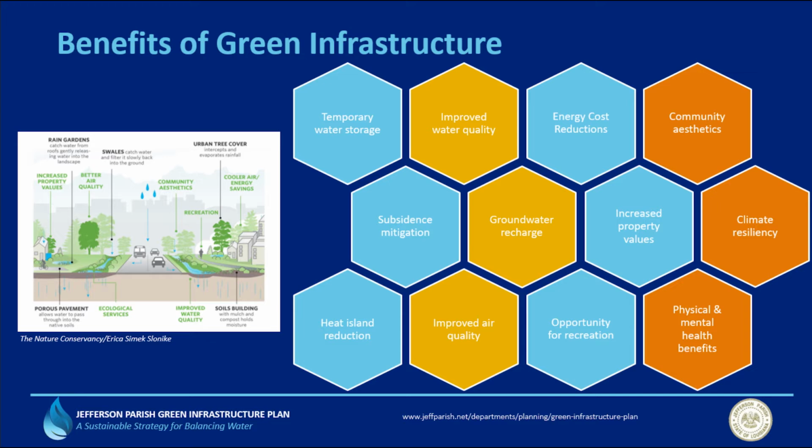Utilizing trees and landscaping improves air quality, reduces the heat island effect, improves health, provides opportunity for recreation, and increases property values. Green infrastructure provides function and adds natural beauty. As a result of these benefits, our community becomes more livable and resilient, and our property values increase.